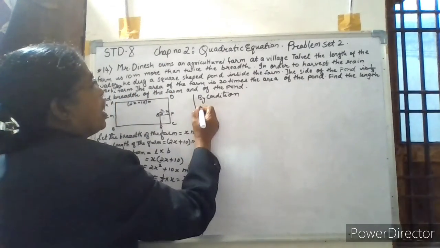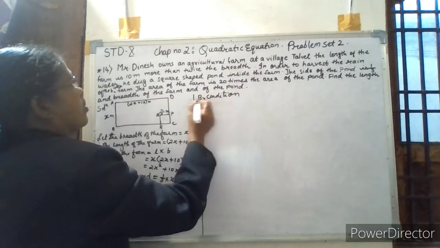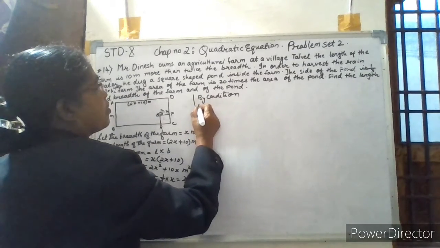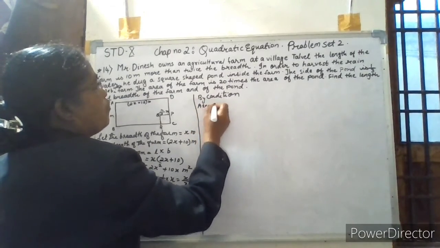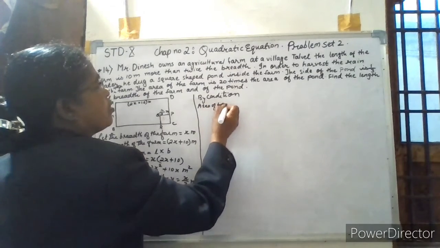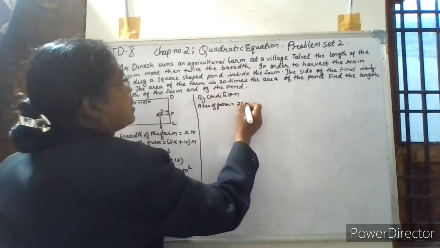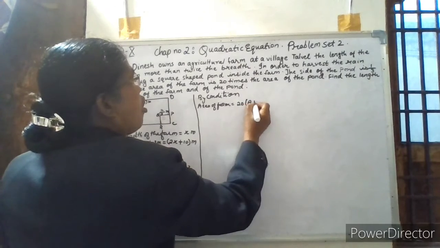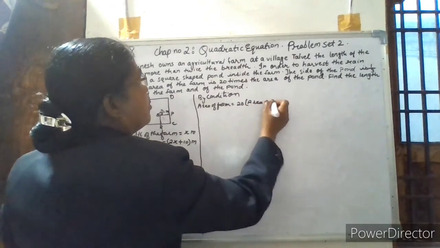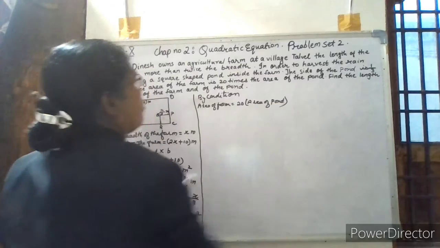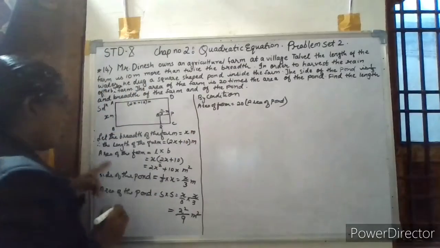So area of farm is equal to 20 times area of pond. The area of the farm we already found out.